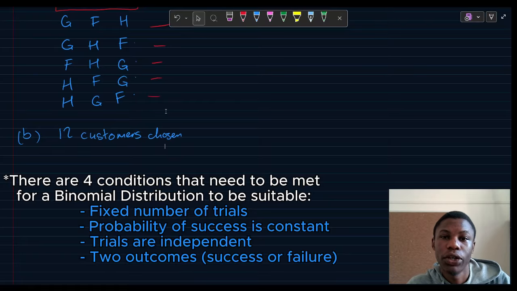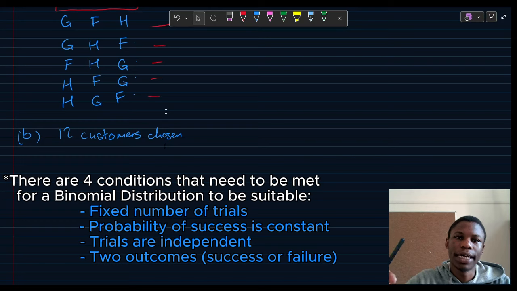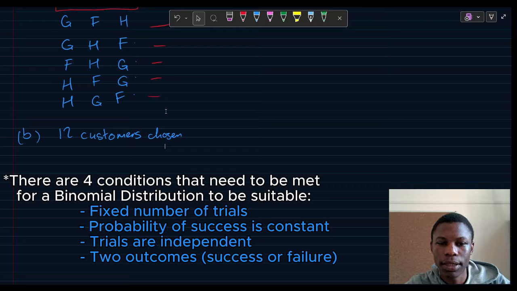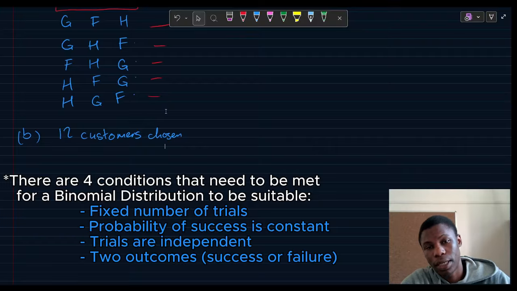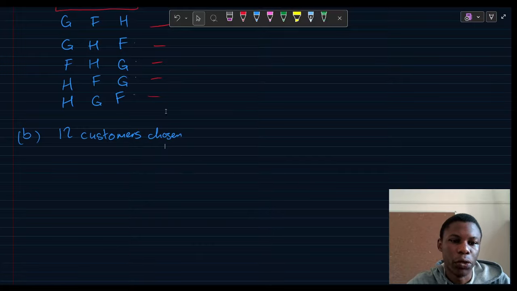And our trials are going to be independent because one person buying a computer from company F is not going to influence the next customer that comes in to buy a computer. And then the last condition for a binomial distribution is that you need to have two outcomes, which are in this case either the customer buys a computer by company F or they do not buy a computer by company F. So this is a binomial distribution.